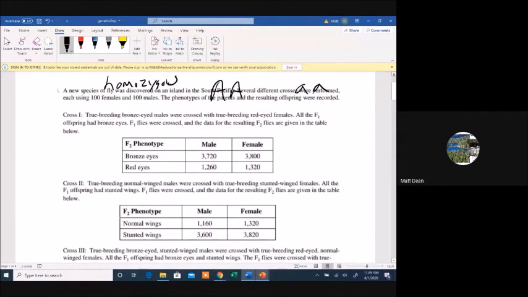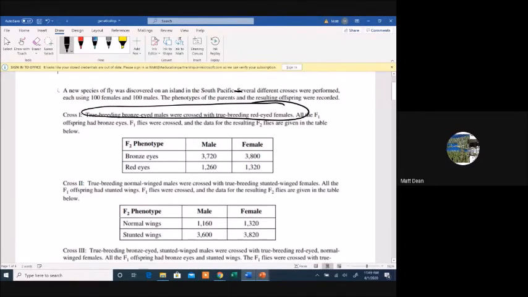So let's look at cross 1. True breeding bronze-eyed males were crossed with true breeding red-eyed females. All the F1 offspring, that means the babies of these individuals, had bronze eyes. Let's think about what that means.